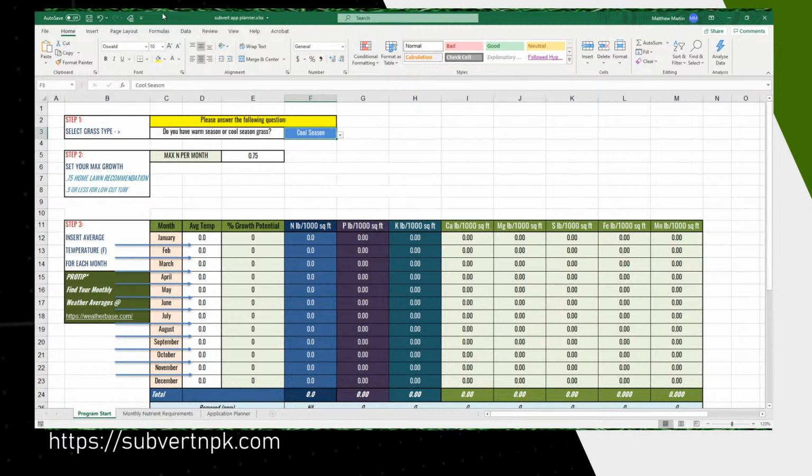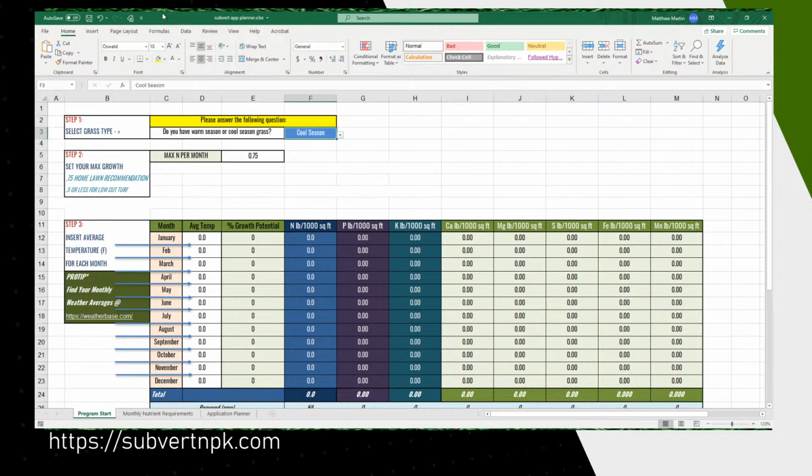Now, step number two seems to have confused a couple of people that I've talked to, so I thought I would give a little explanation here on the front end. Step two is in the instance of having 100% growth probability. By growth probability, I mean optimum conditions for the entirety of a month, how much nitrogen you would want to burn through.